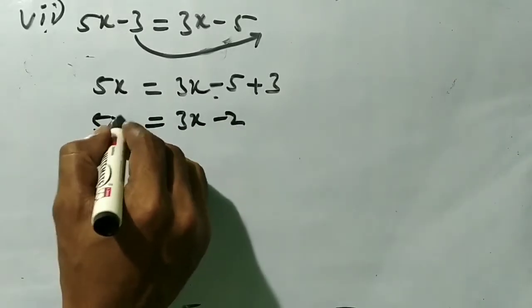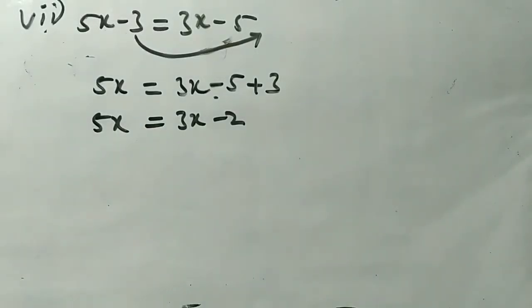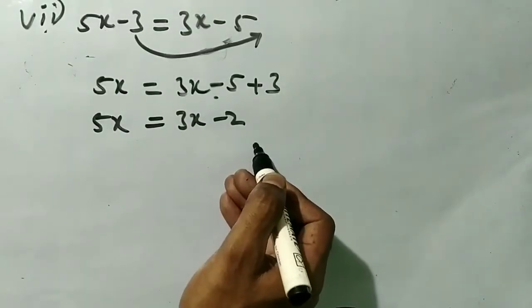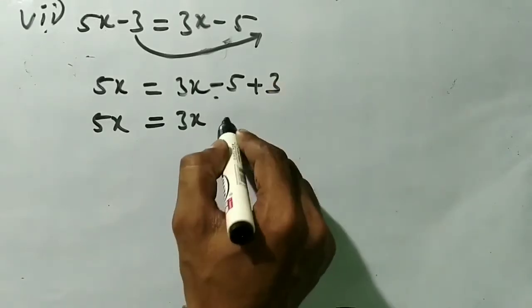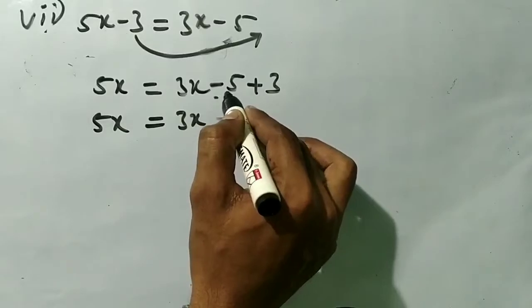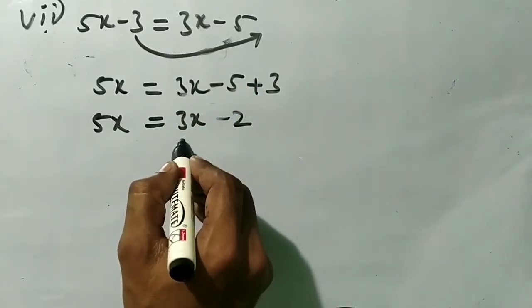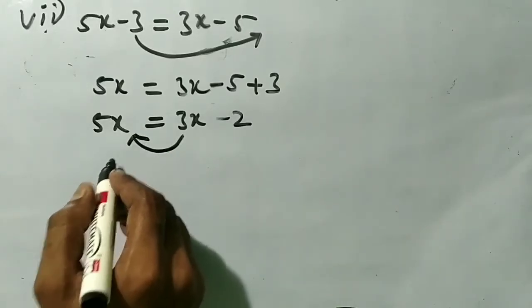Here there are no other numbers with x, so we have only minus 2, which we got from minus 5 plus 3. Now we have to transfer this 3x.